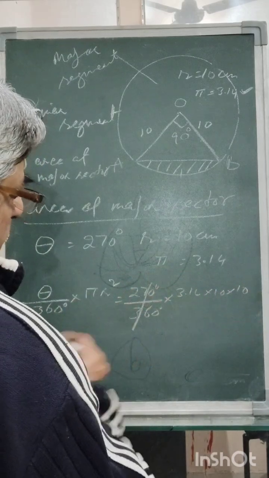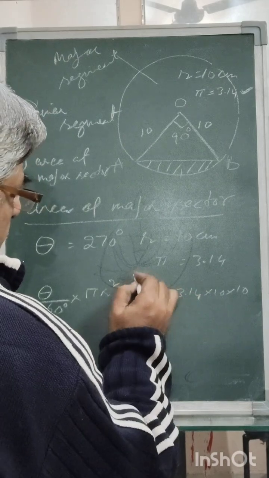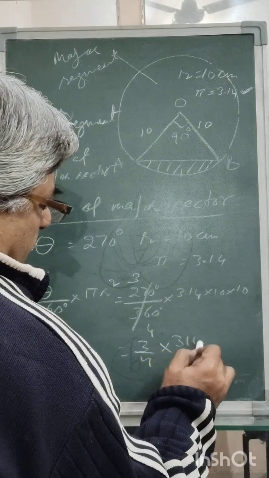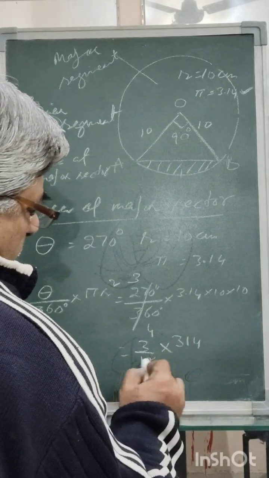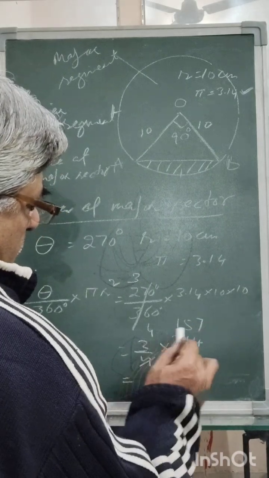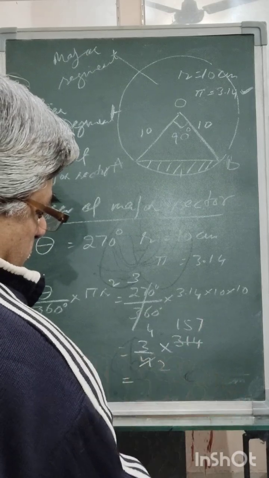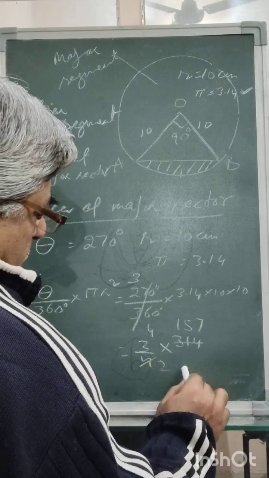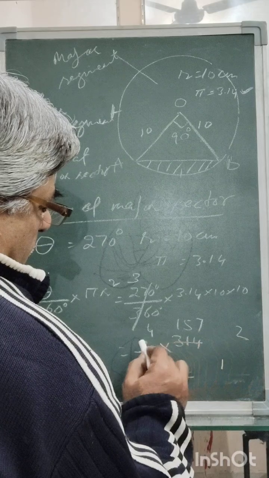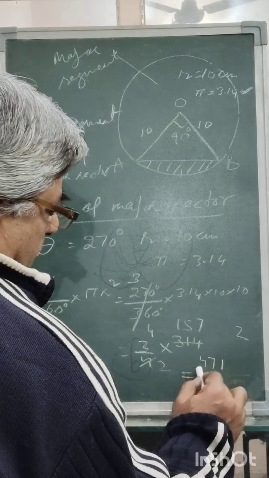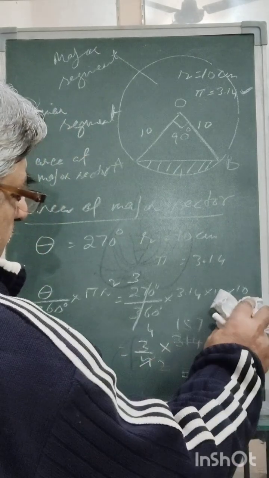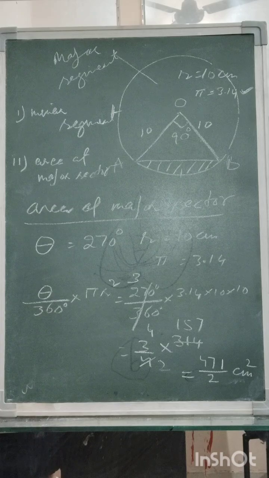After simplification we find 3 by 4 multiply 314, which is 235.5, that is 471 by 2 centimeter square. This is the area of the major sector.